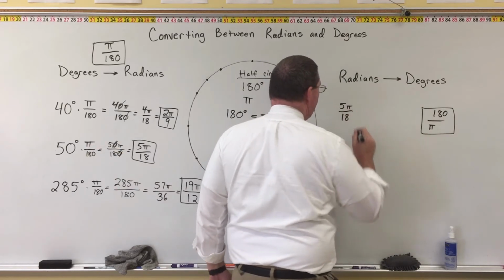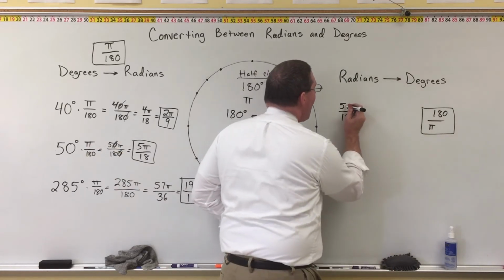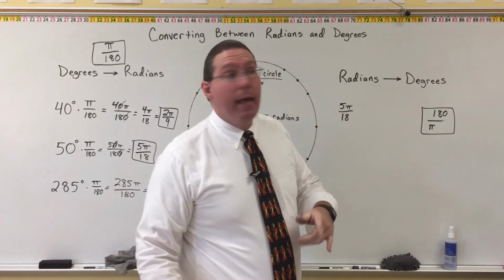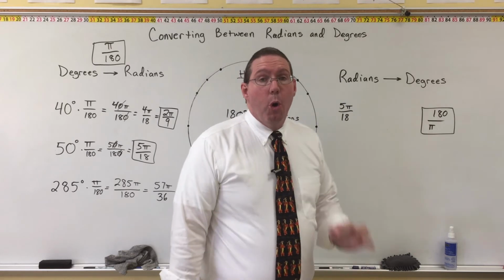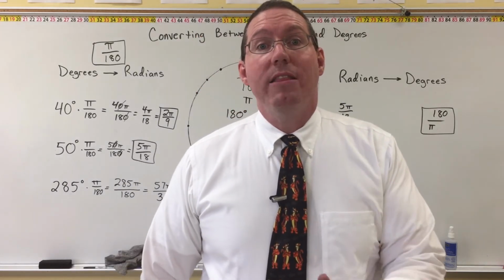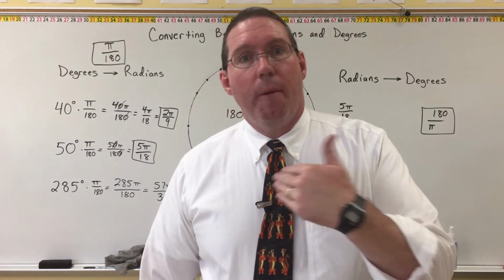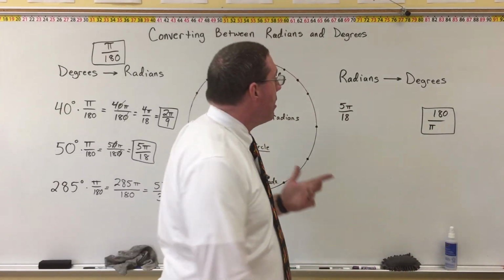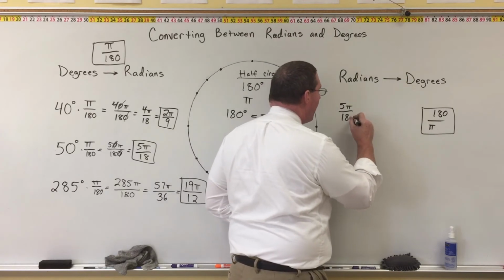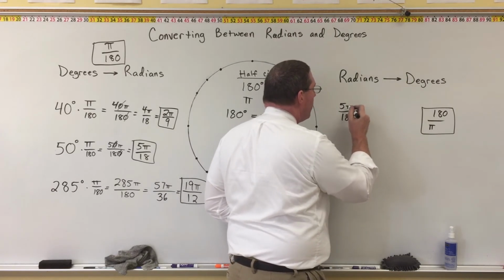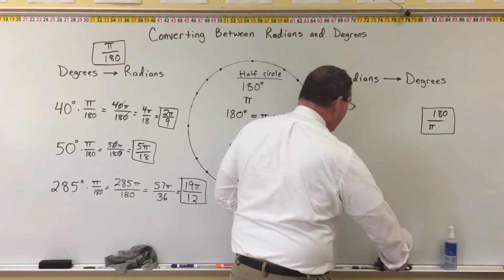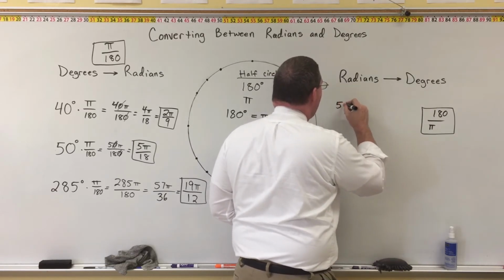5 pi over 18. Now, when you have a radian angle measure, it has a pi in the numerator. We want to get rid of the pi in the numerator. The way that we cancel out the pi in the numerator is we need to put a pi into the denominator. How can we get a pi into the denominator?